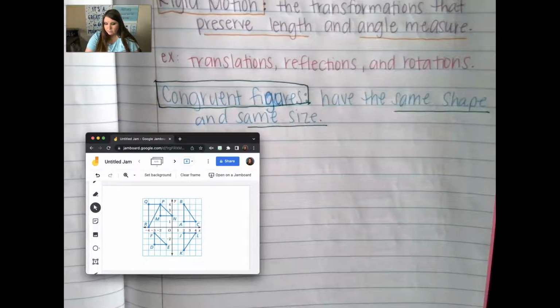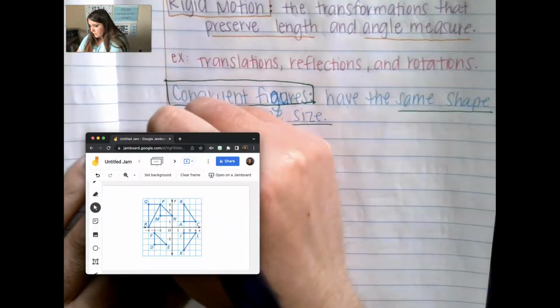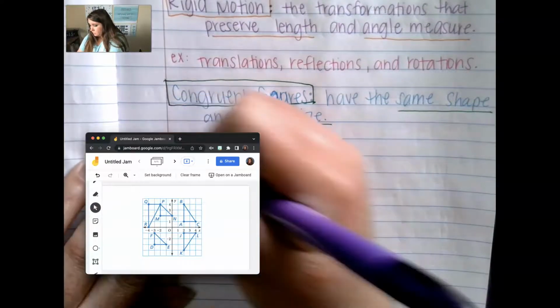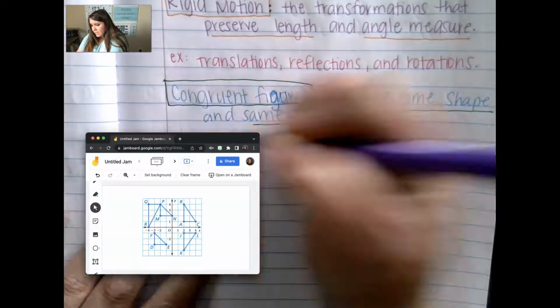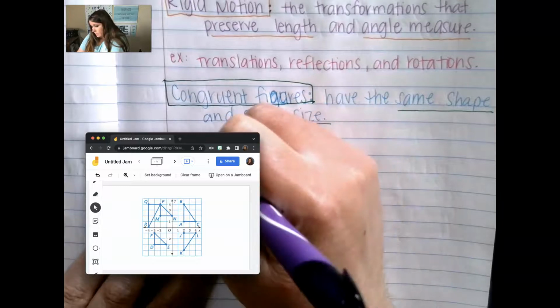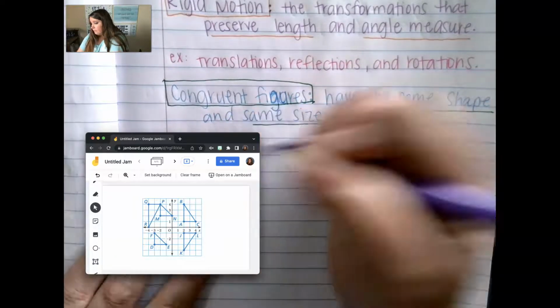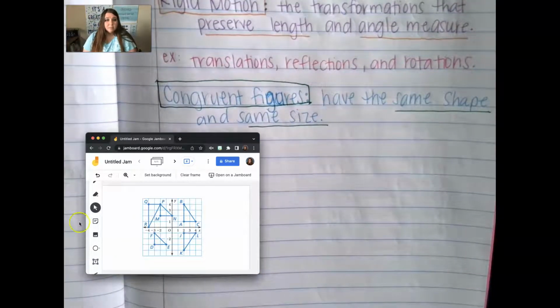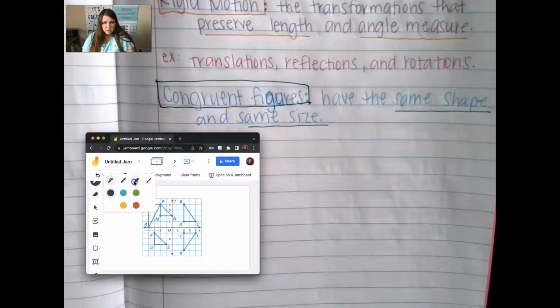So let me get my pen. All right, so example A, we are going to look at triangle D, E, F. When I look at this picture, I can see triangle DEF is right here. So this triangle here.